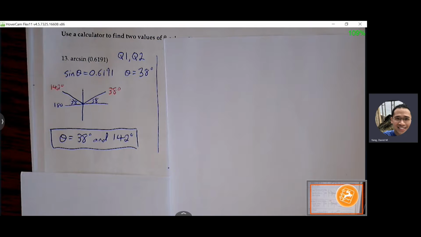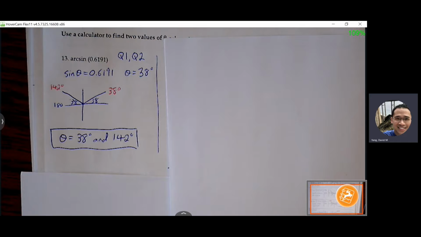So for sine, the quadrant one is going to be always positive. Basically, yeah. If your arc trig is positive, then you're always going to involve quadrant 1. And it's always going to be theta. Always looking for that angle.